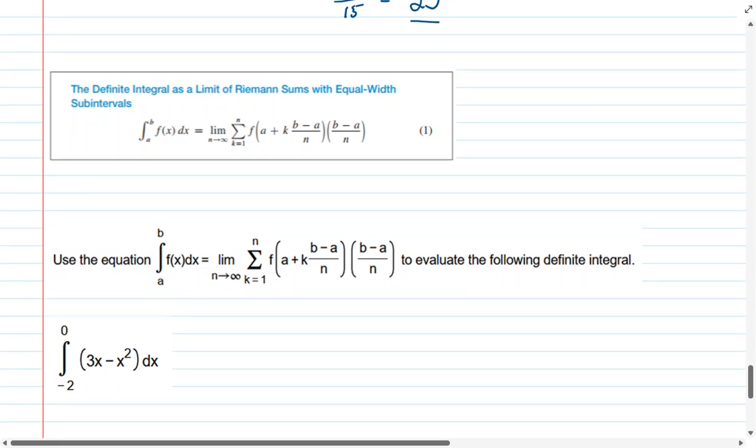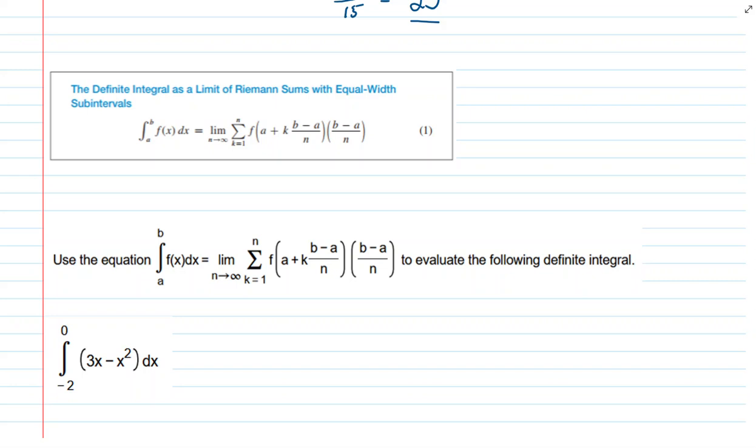Now this is that Riemann sum with equal partitions going into infinity. So we want to evaluate that guy. We've already paid our dues.